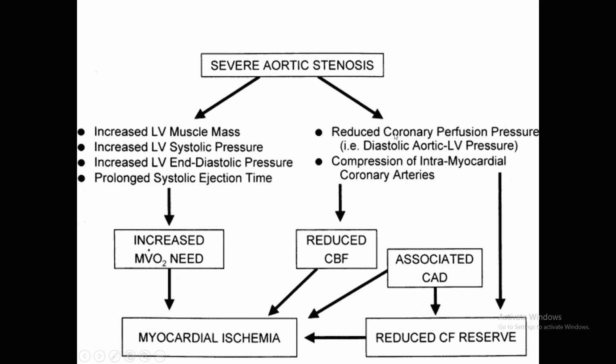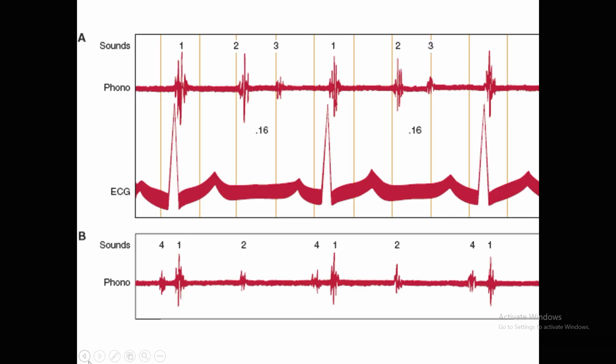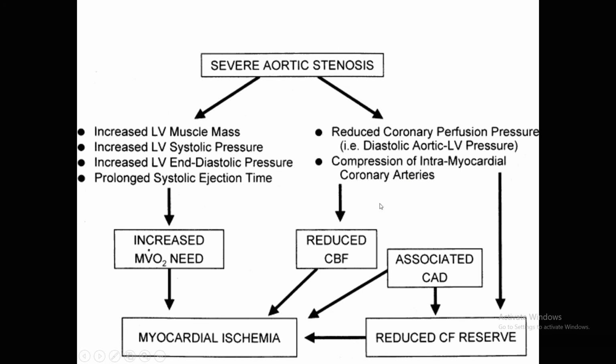However, in addition, there is a reduced coronary perfusion pressure. This coronary perfusion pressure decrease, which is potentiated by the compression of the coronary arteries by the huge contraction of the ventricle, will cause a reduction in coronary blood flow.